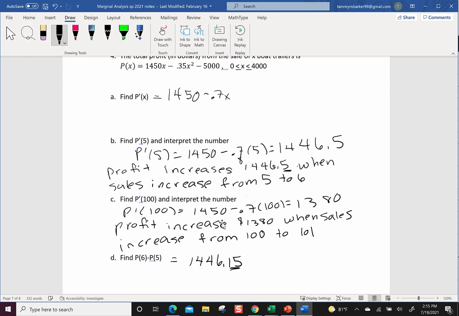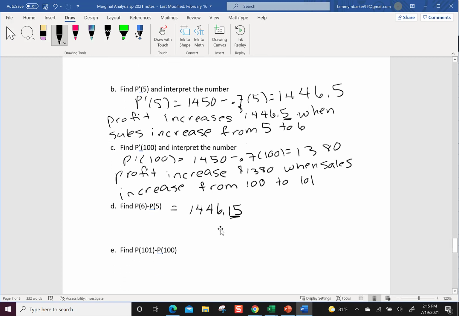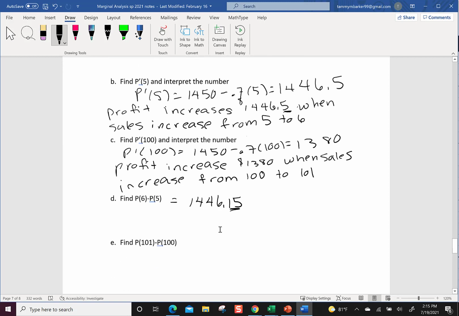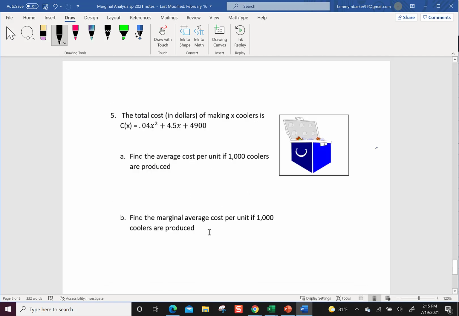So we had 1,446 in both. One says 0.5, one says 0.15. Let's try again with 101 versus 100. And I got 1,379.65. Again, a really close approximation between the actual, putting in the two values, and using the derivative to approximate it.